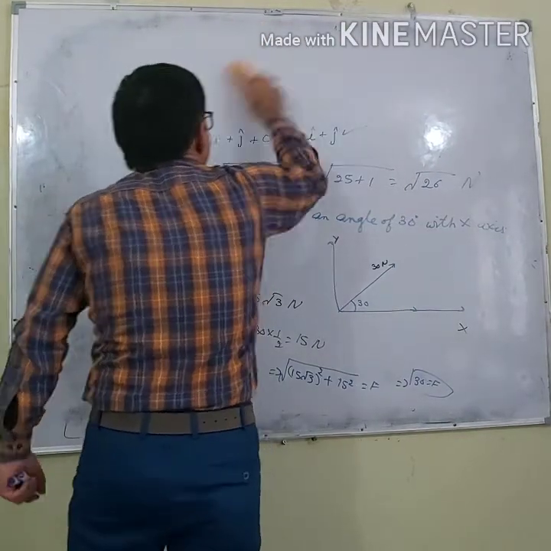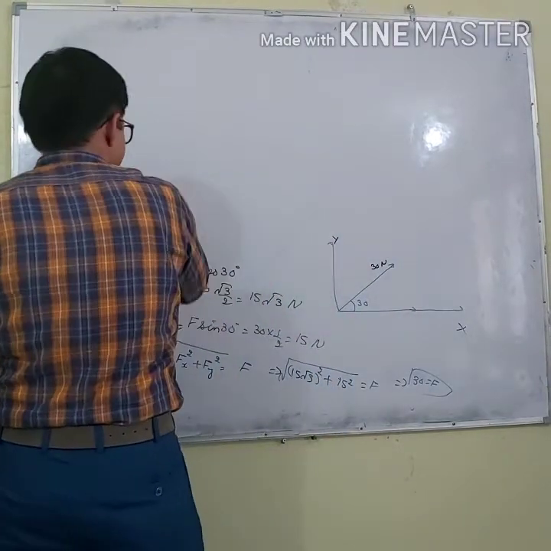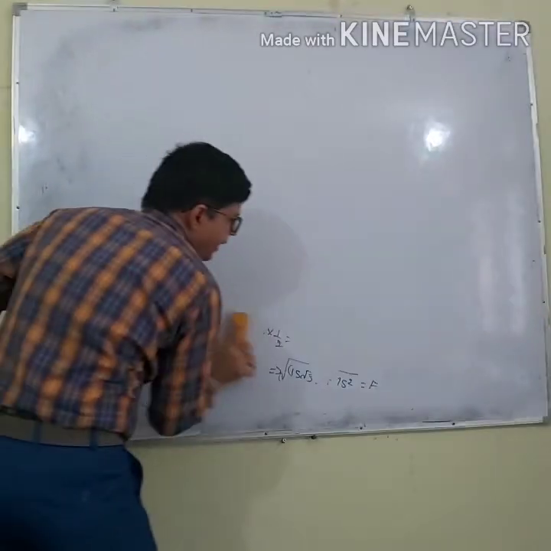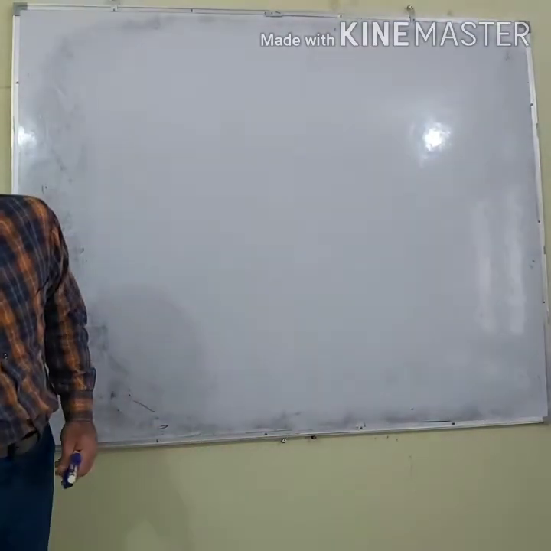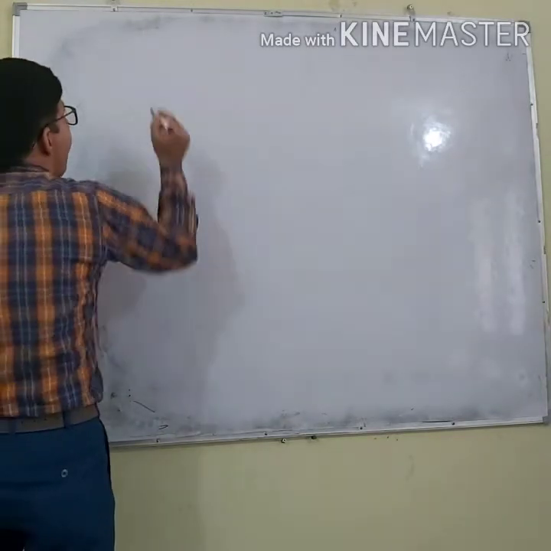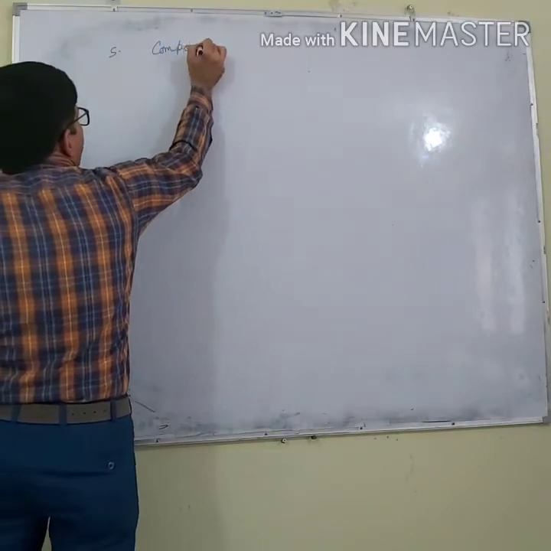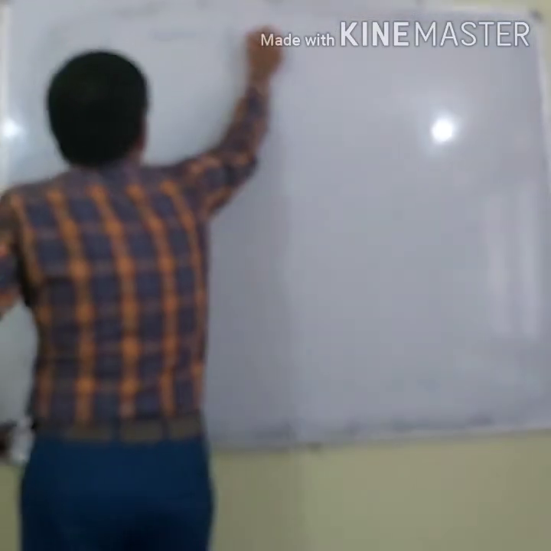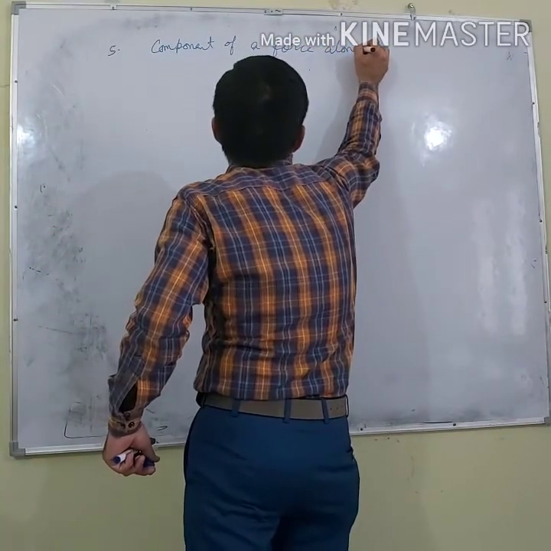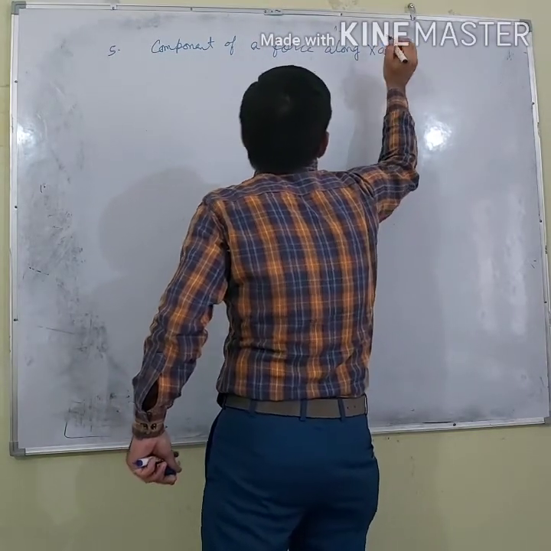Next is, what I am given. I am given that the component of a force along x-axis is 50 Newton and the force makes a 30 degree angle with y-axis. Okay, let me simplify.